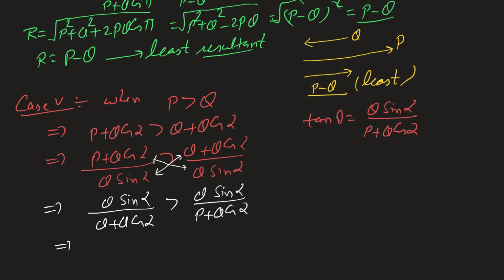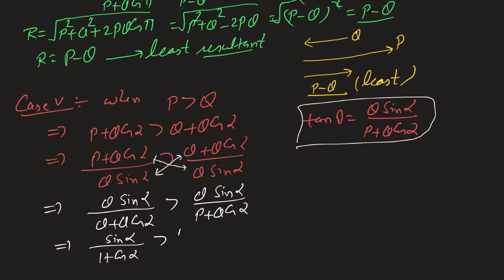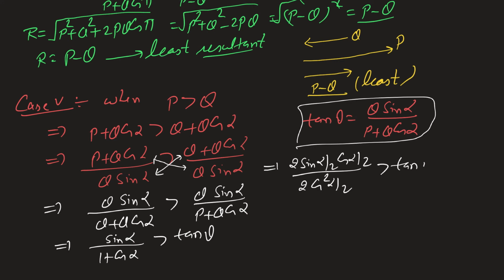Q to Q will cancel out. From this formula we know that the left side is equal to tan theta. So this will be sin alpha divided by 1 plus cos alpha, which is tan theta. This implies 2 sin alpha by 2 cos alpha by 2 over 2 cos square alpha by 2 is greater than tan theta.